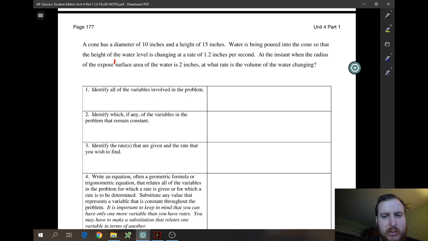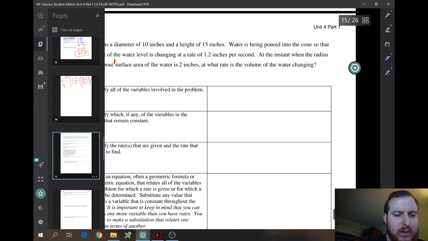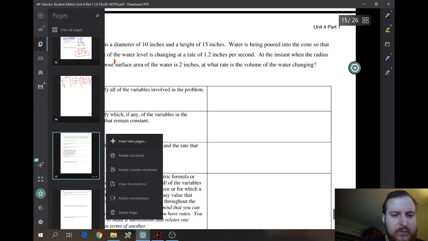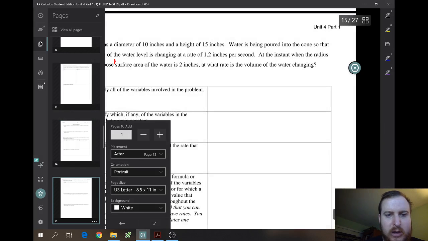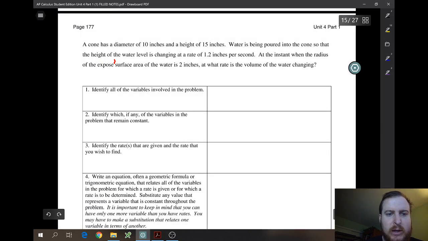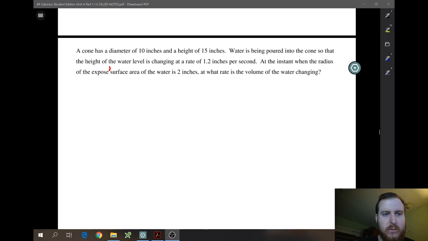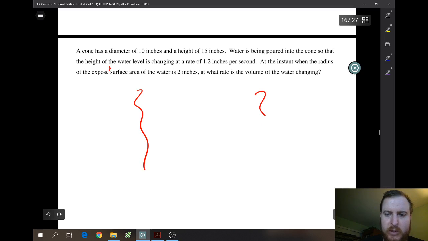This question's a little bit trickier, and I am going to do this one on a blank page just so that we can see how we would do it on a test or how we could set it up on a homework. Reading through this, I realize, hey, this is a rate problem. I see the word rate, and it's a word problem like this. I'm thinking we're doing a related rate.